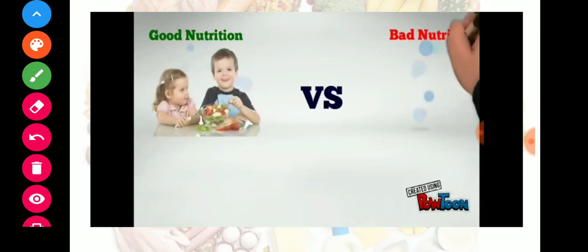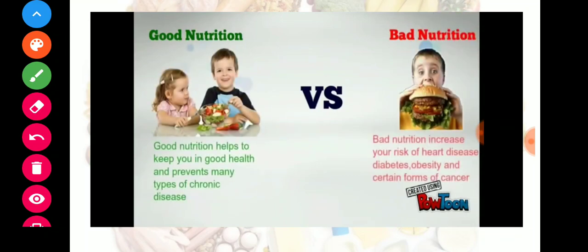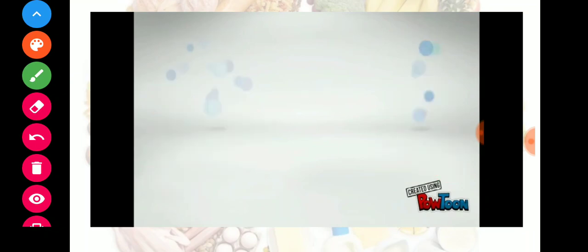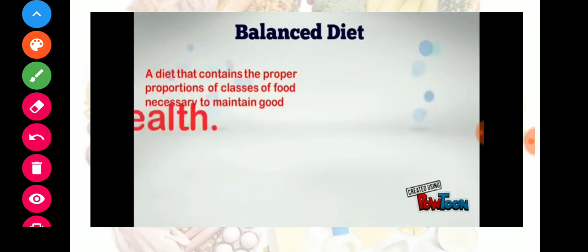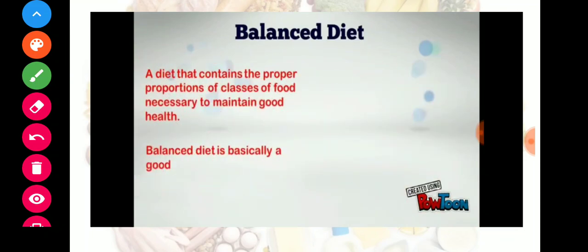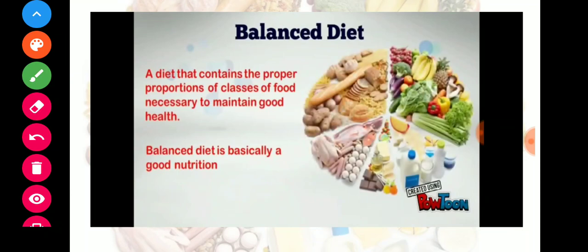Here we can have good nutrition as well as bad nutrition. You can see the picture. Balanced diet. The diet which keeps all the required amounts of foodstuff is called a balanced diet.